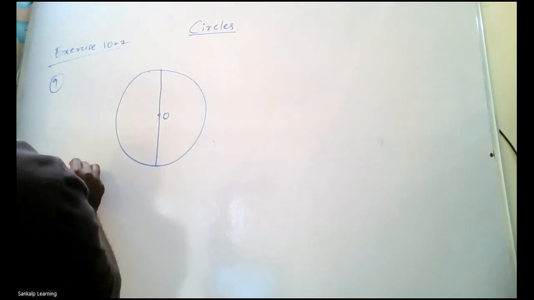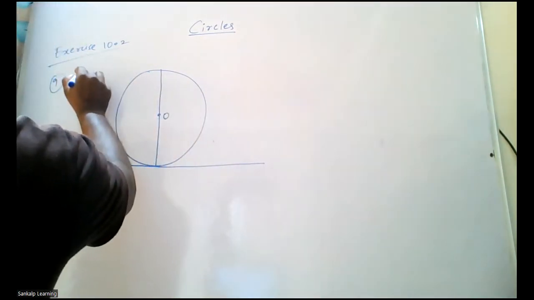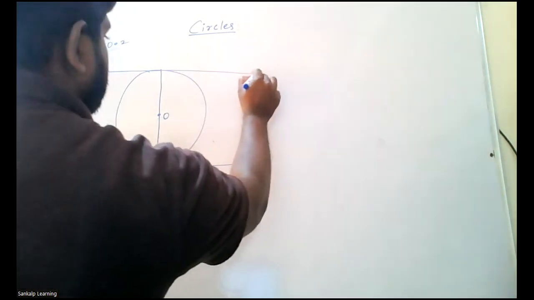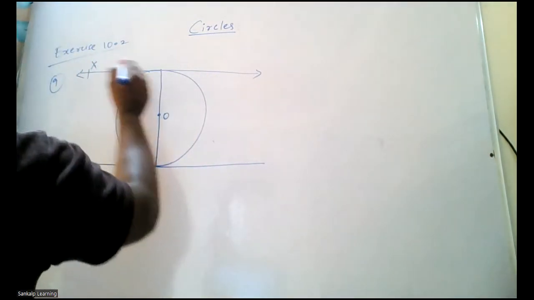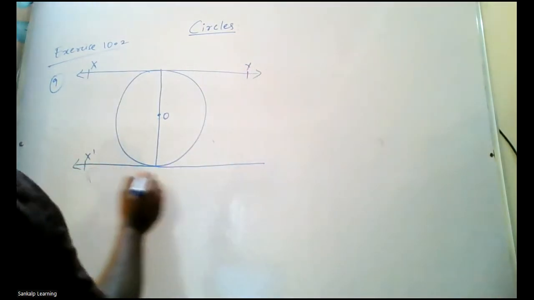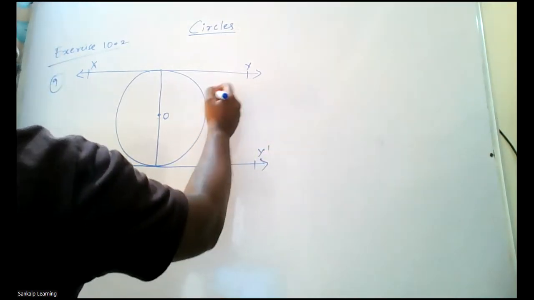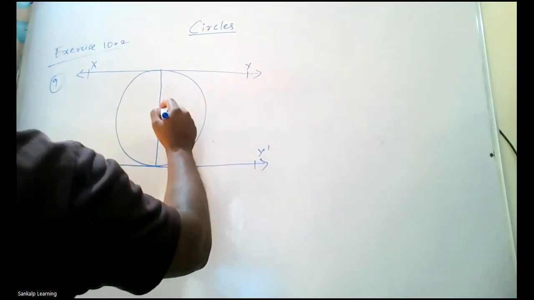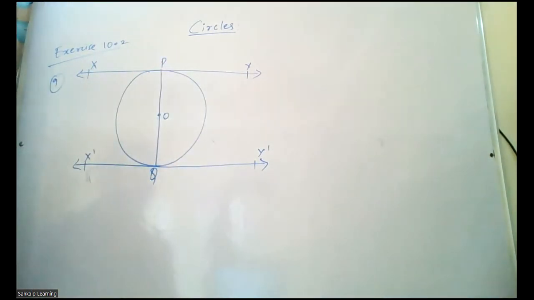So one tangent is drawn here, another tangent is drawn here. Let's take this as xy, let's take this as x dash y dash. And this is point P and point Q.